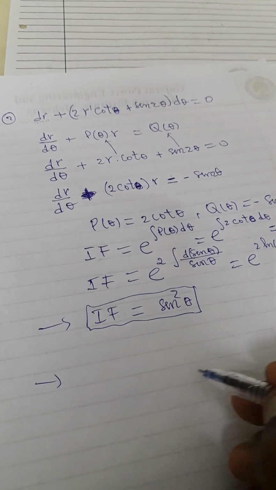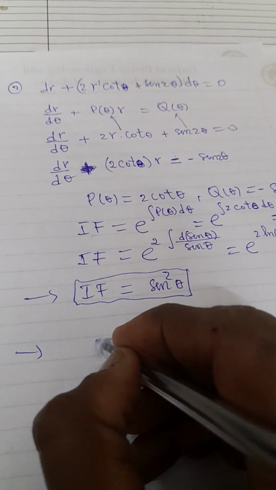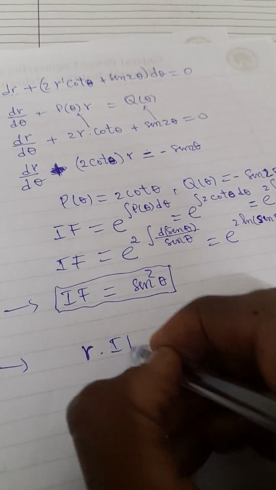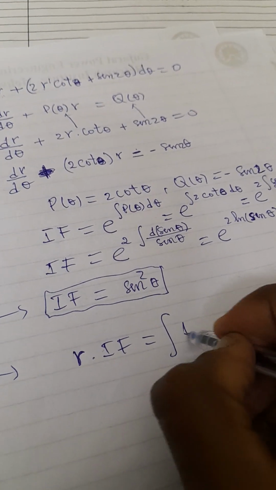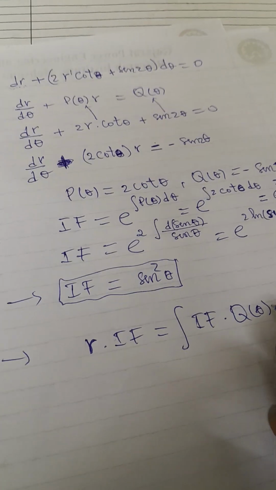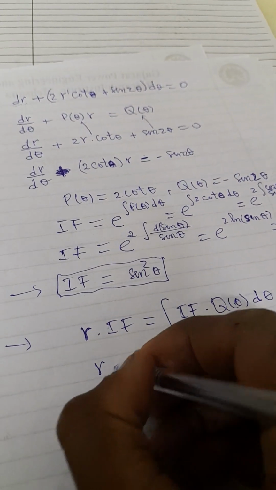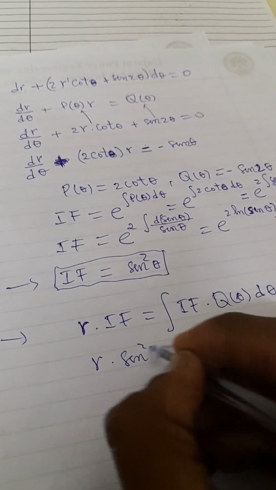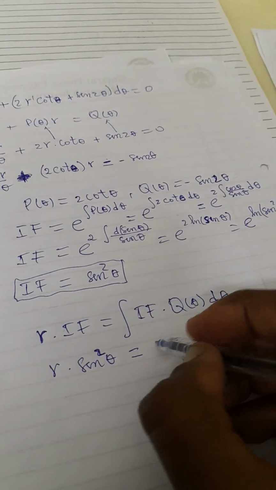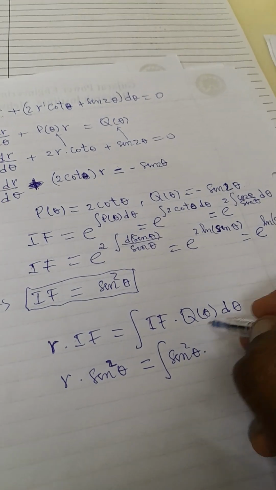Now that you have your integrating factor, the general solution will be r, the dependent variable, times the integrating factor, equal to the integral of the integrating factor times Q(theta) d theta. So r times sin squared theta is equal to the integral of sin squared theta times Q(theta).